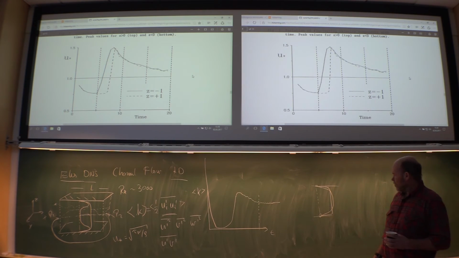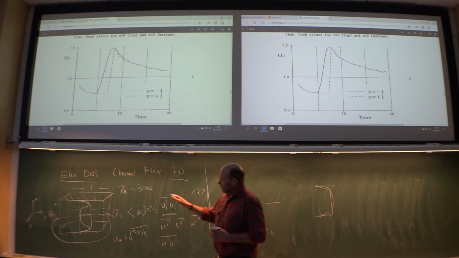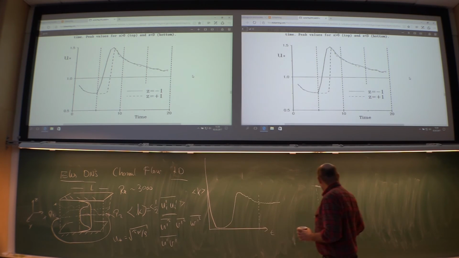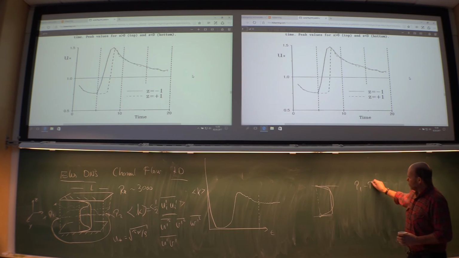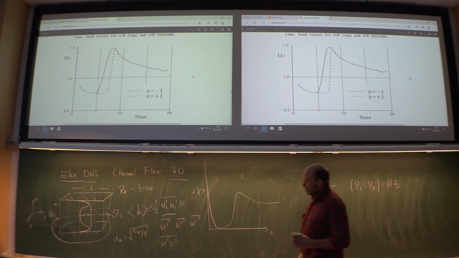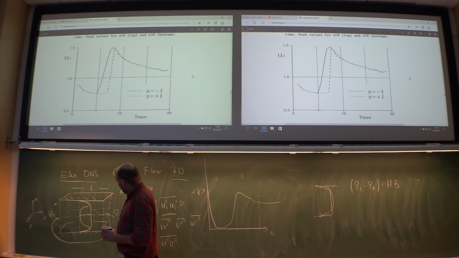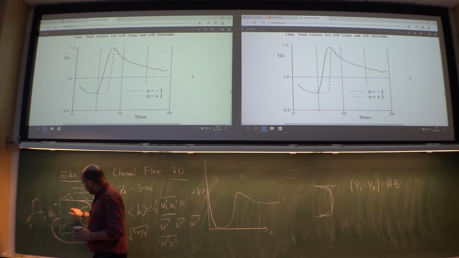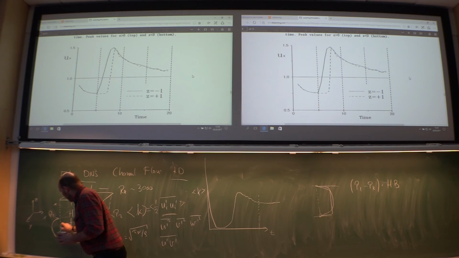Then when you do a control volume analysis, putting a control volume around the entire domain, what do you get? Well, you will have the pressure difference, P1 of course bigger than P2, multiplied with the height H and the width B, the width into the blackboard.